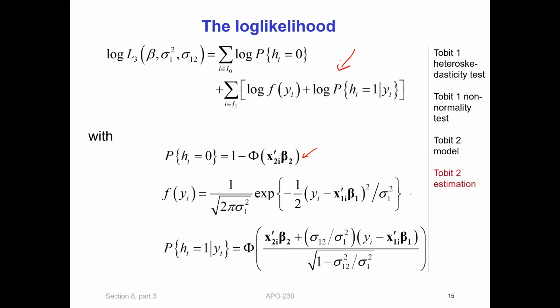The density of yi, we know already, just follows a normal distribution, so plug the form of the density function of the normal distribution in here. And then we also have the last part, which looks a bit complicated, but it's actually the conditional probability of observing the person working given the wage. Okay.